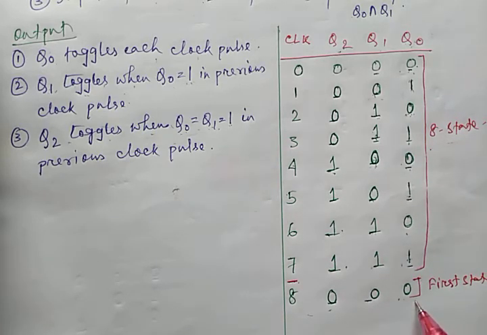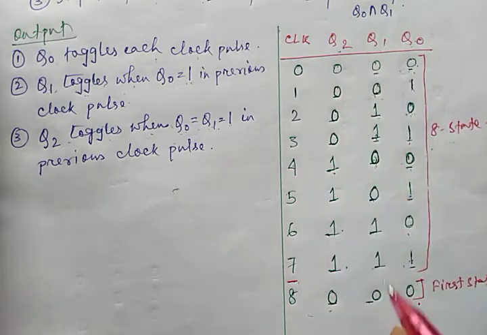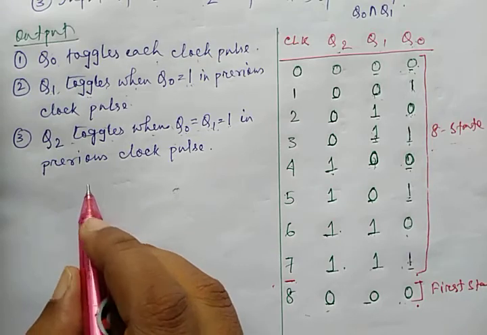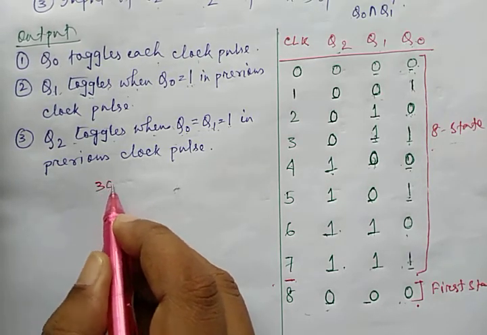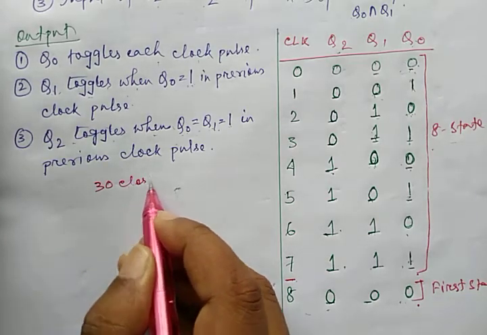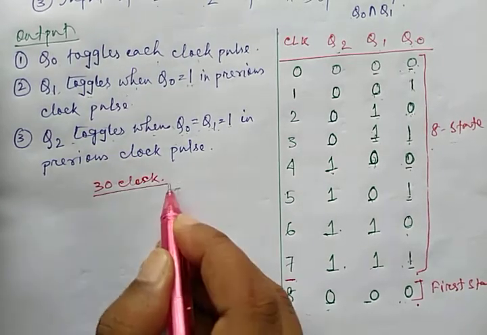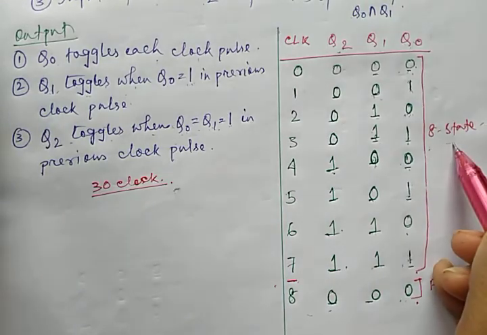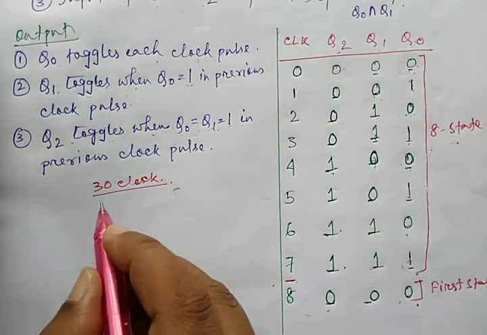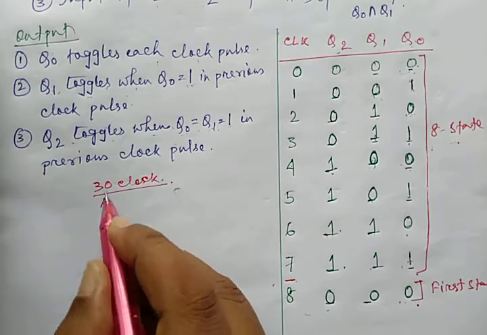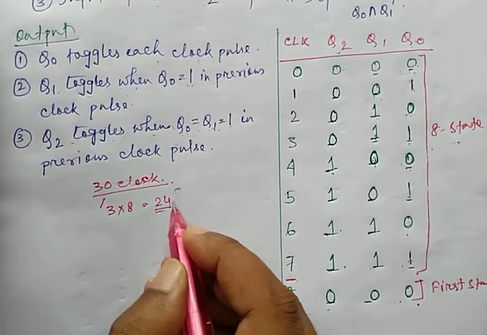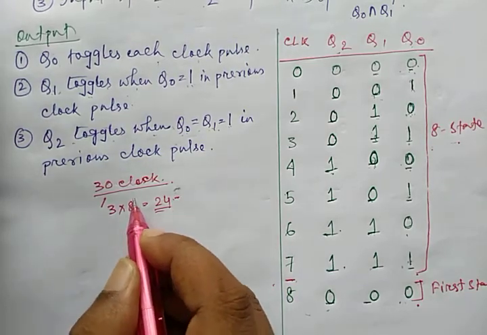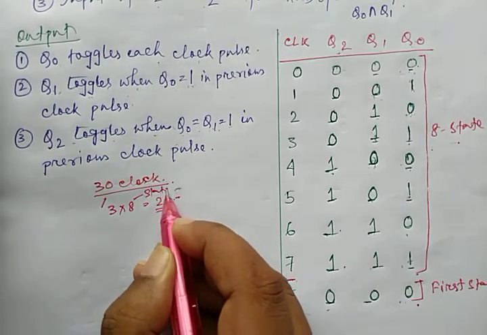That means it will start to recount from the first state after state 7. So suppose you applied 30 clock pulses. 8 states means it will repeat 3 times, because 3 into 8 is 24, that is 24 counts.